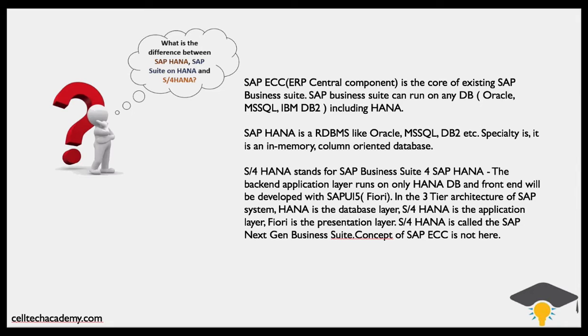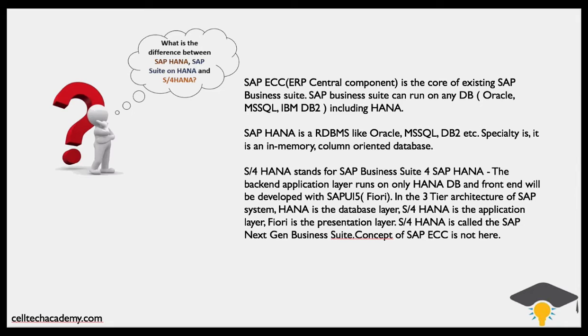HANA is the new product they have. There were a lot of acquisitions done by SAP to develop the SAP HANA in-memory database. More than that, they don't call it a database. It's an appliance because it has to be married well with the hardware too, because the database resides in the memory.